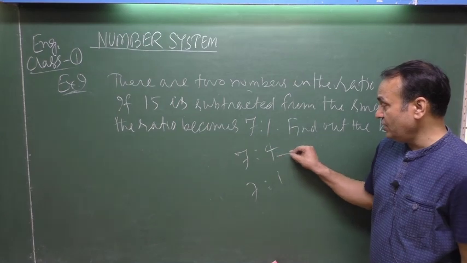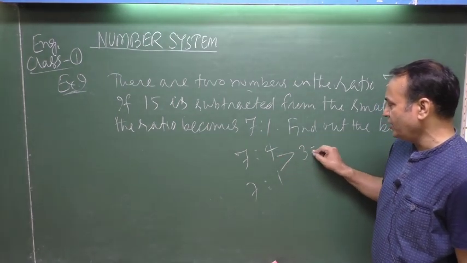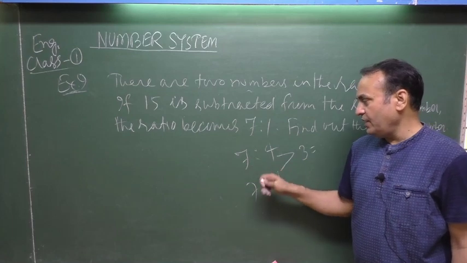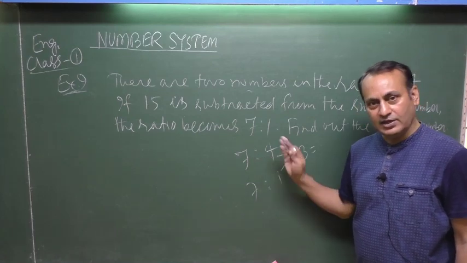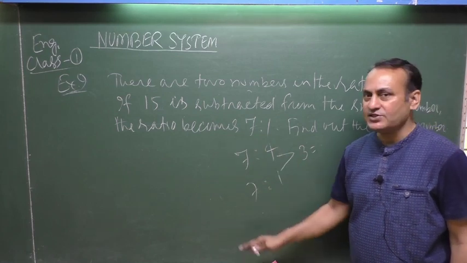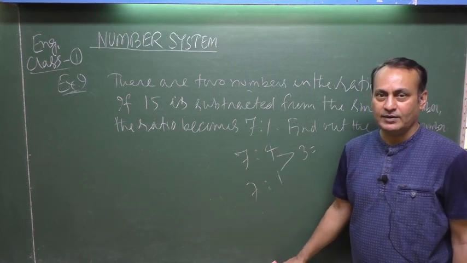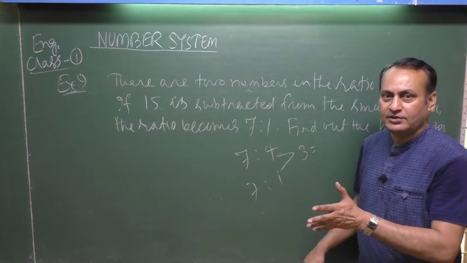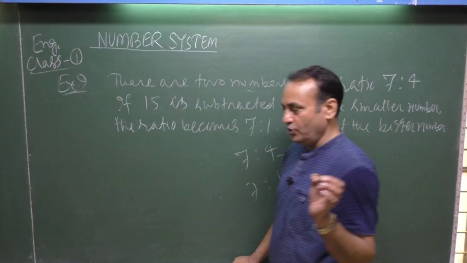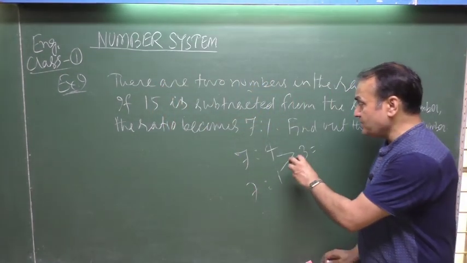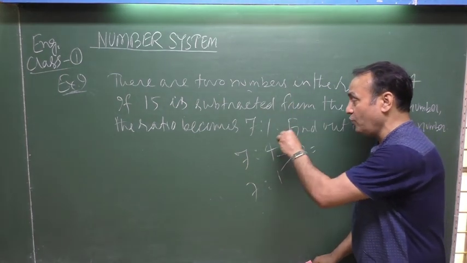The bigger is 7 and the bigger is 7 here, since there is neither subtraction nor addition. In the bigger number you did not add or subtract anything, but in the smaller number you subtracted 15, that's why 4 became only 1.